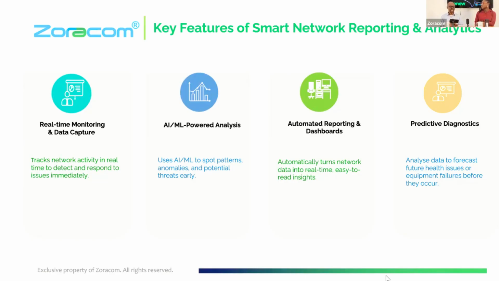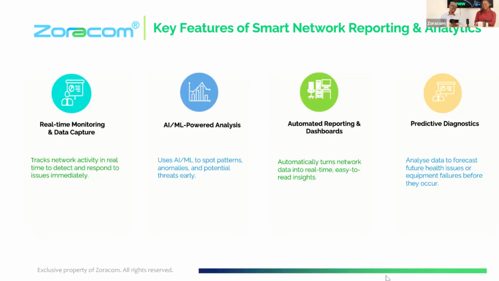Also, we have the AI-powered analysis. This goes deep into analyzing the data to check for anomalies within the network, such as trends and all that, so as to detect any form of security risk or anomalies that can affect the network.